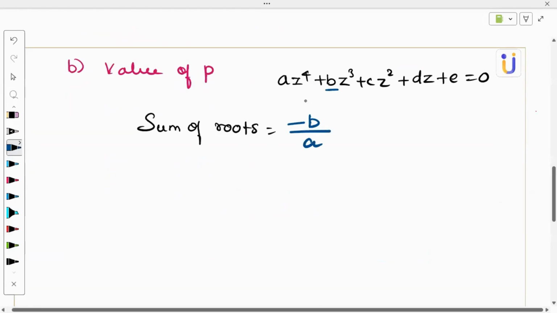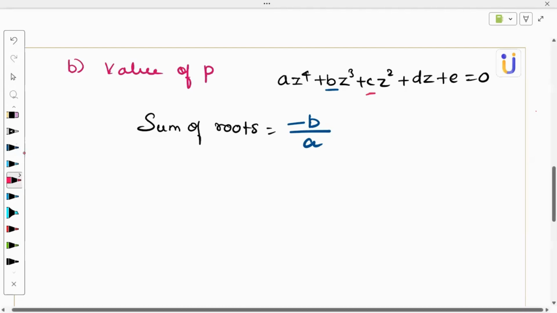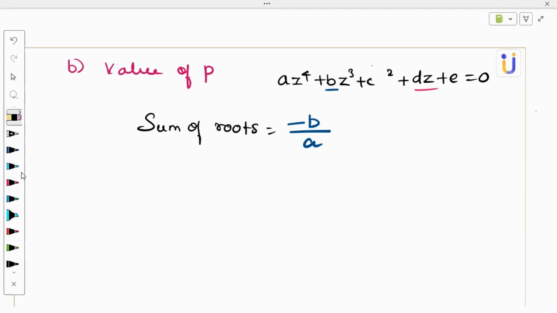So minus is important. Constant we won't use. In case your p is in another place, for c, it is c by a, but it will be plus. Then for d, it will be minus d by a. So in that way, the signs alternate, but here it's a minus.